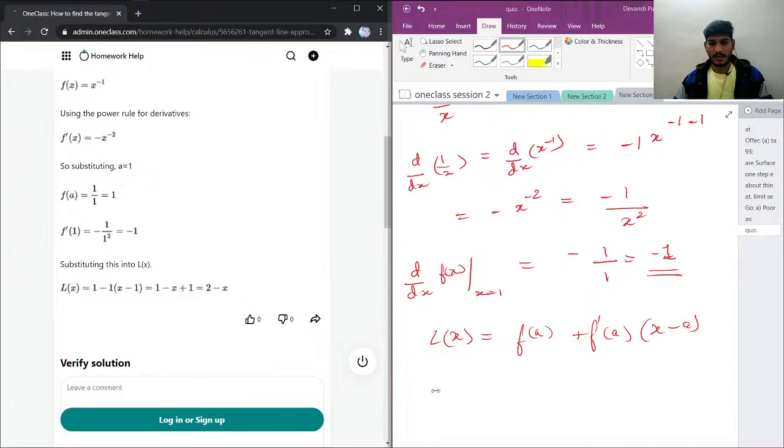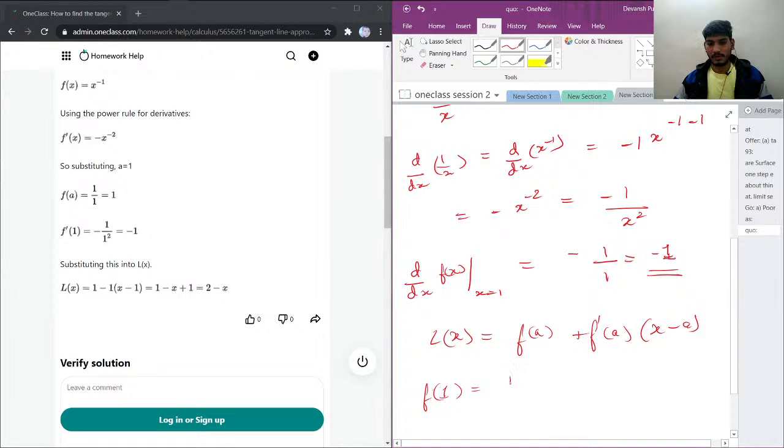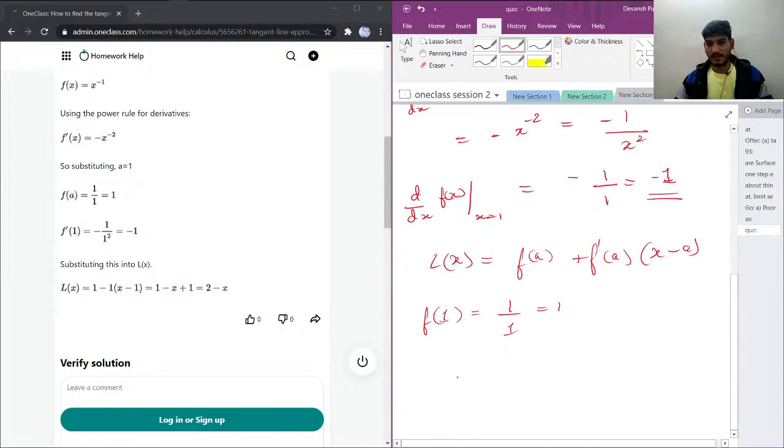So let's calculate f of 1. f of 1 is going to be 1 over 1, which is 1, and we have f prime of 1, which is negative 1.